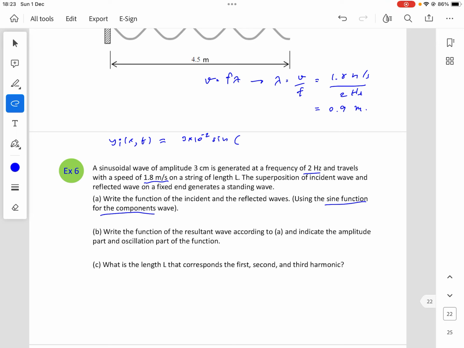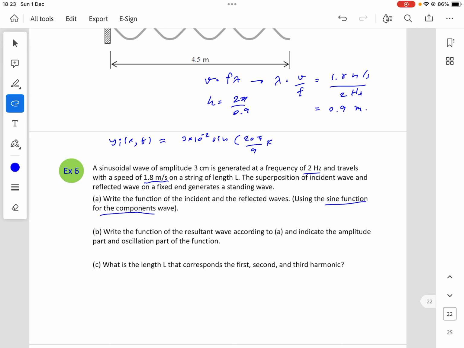Well, you're going to have to find k. K is 2 pi divided by 0.9. Okay, I'll just write it directly like this, so like 20 pi divided by 9, times x, and it travels with the speed of, let's say, positive speed.